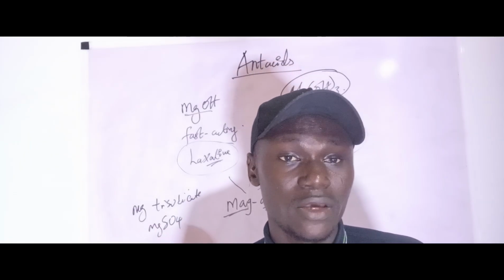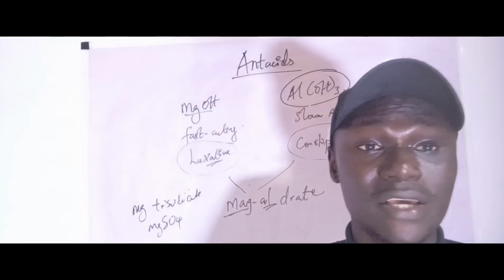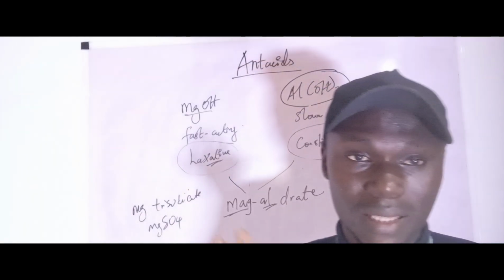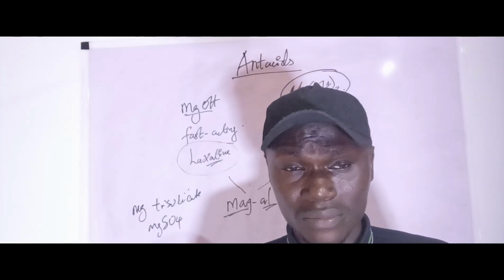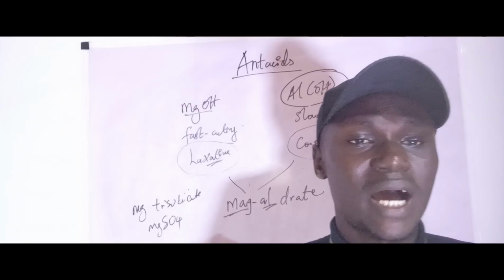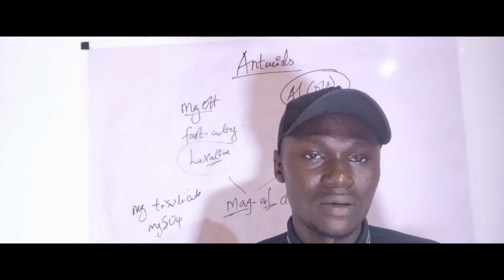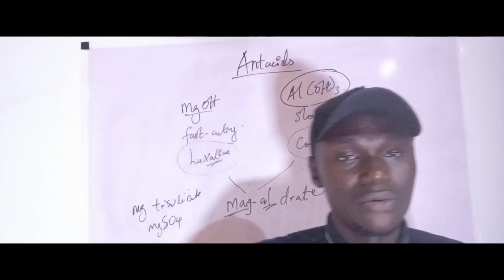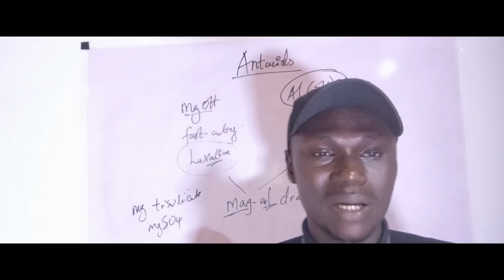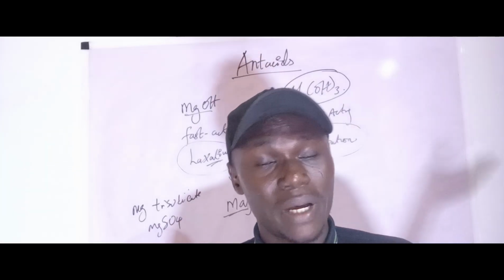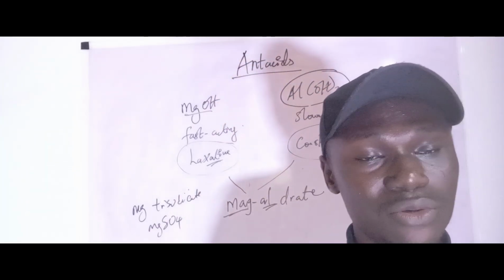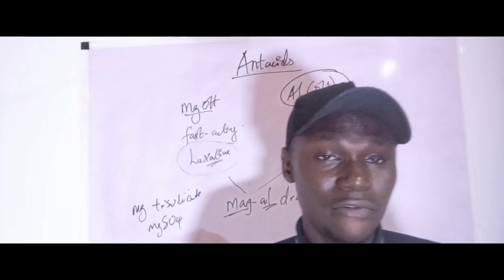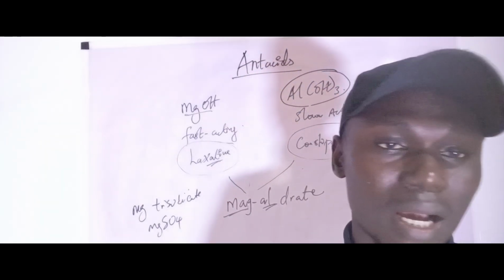I said antacid, what they do is that they cause chemical neutralization of the acid. They don't act on any receptor, they just neutralize the acid. Then I said they are quick in action, but their action is quickly terminated because of rebound acidity. Then we mentioned three main types. The first one was sodium bicarbonate, which is no longer used because it can cause belching, it can increase sodium load in heart failure patients, and it can cause metabolic alkalosis.